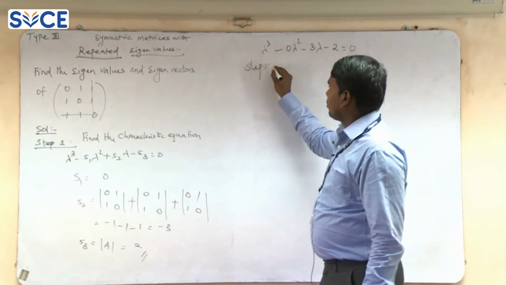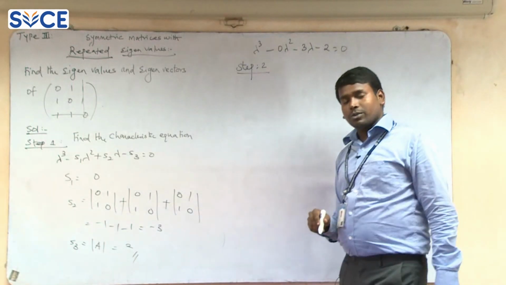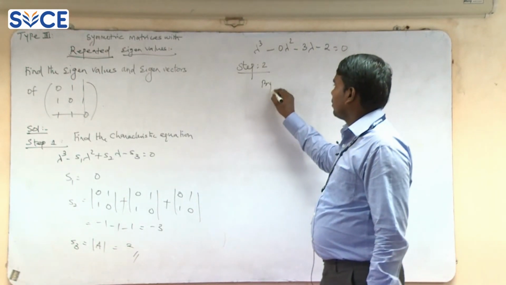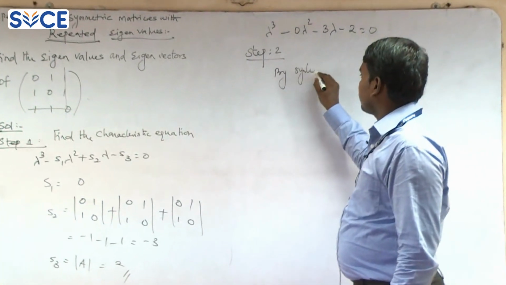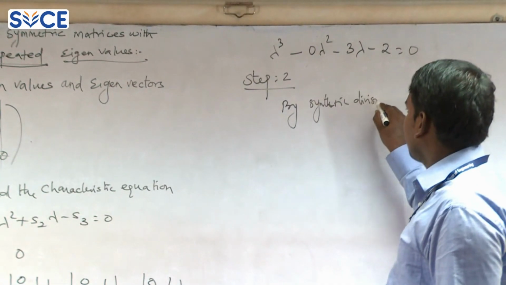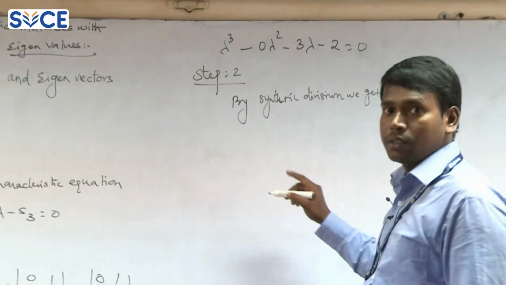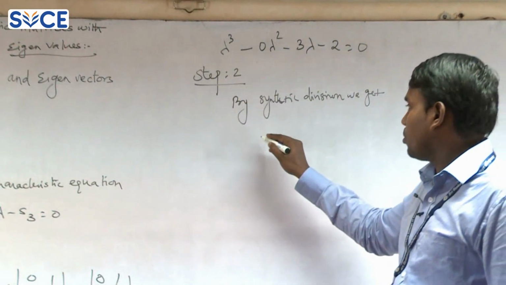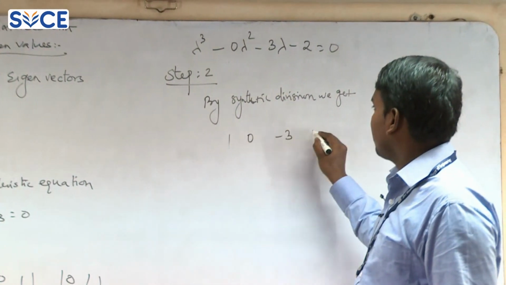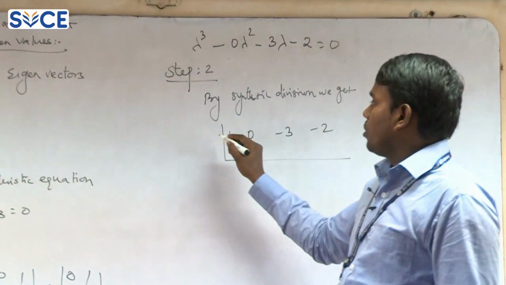Now, step 2, find the eigenvalues, that is, solve the characteristic equation by synthetic division. We get the coefficient of lambda cube 1, lambda square 0, next minus 3, minus 2. First I am going to verify with 1.